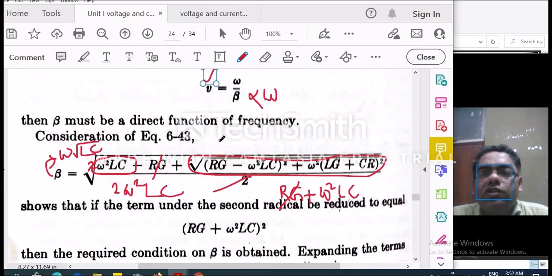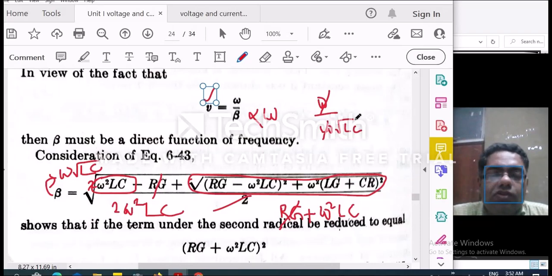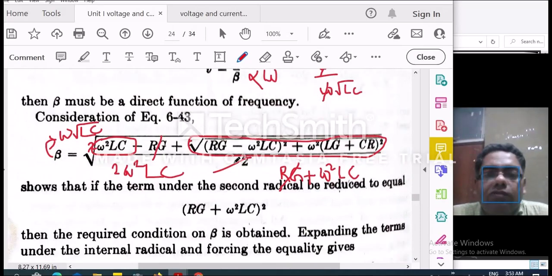Now velocity is omega by beta, and beta is omega root lc. So omega will cancel and velocity will become independent of frequency. In this way delay distortion can be avoided. So what we are doing is writing the term inside as rg plus omega square lc. If I square it, that is the term inside the square root.